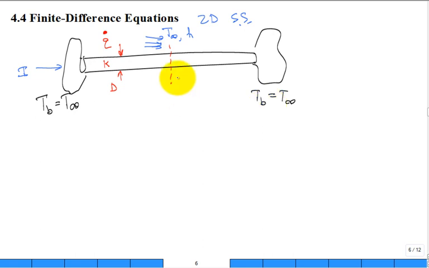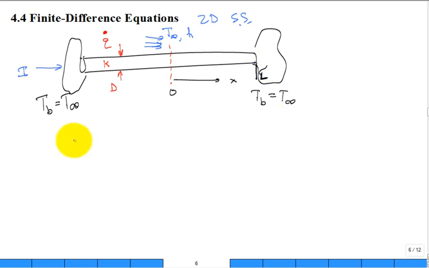And so we introduce a coordinate system, x, and we'll let x run from 0 to L. And we're able to get an analytic solution for this problem. What did the analytic solution to this problem look like?